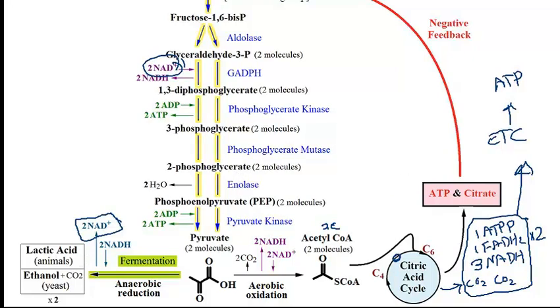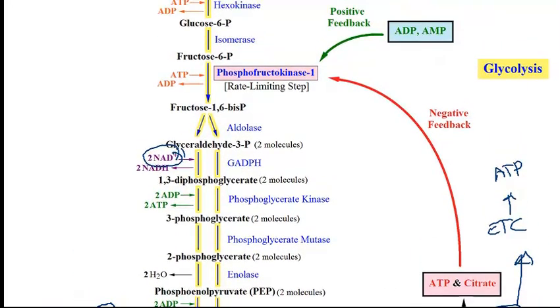One last point that I would like to mention about glycolysis before I move on to the citric acid cycle is regulation of glycolysis. Recall I mentioned that phosphofructokinase is the rate limiting step of this reaction. So anything that controls the rate of this enzyme is basically controlling the rate of glycolysis right here.